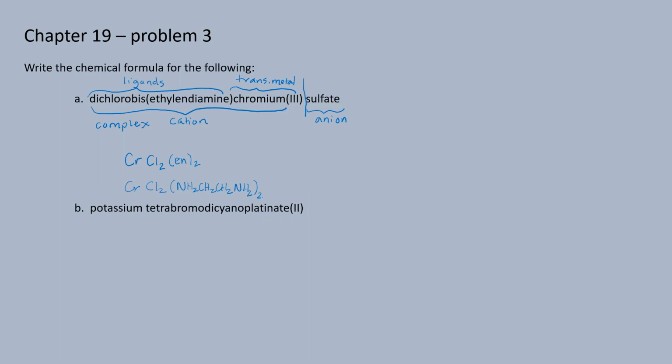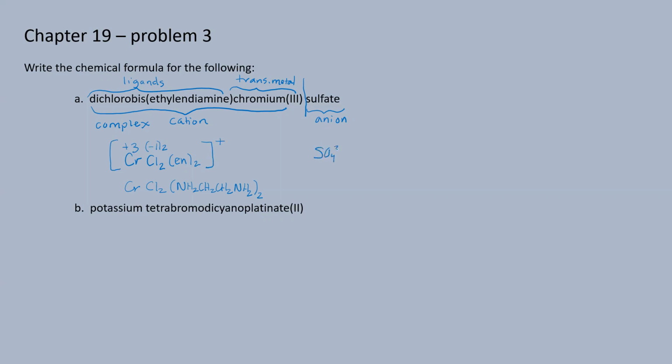But now let's figure out what the charge is. So chromium 3 tells us this is +3. And chloride ions, those are -1 each. So this whole ion, if we add that up, is +1. Now, sulfate, this is one of our polyatomic ions from the past.